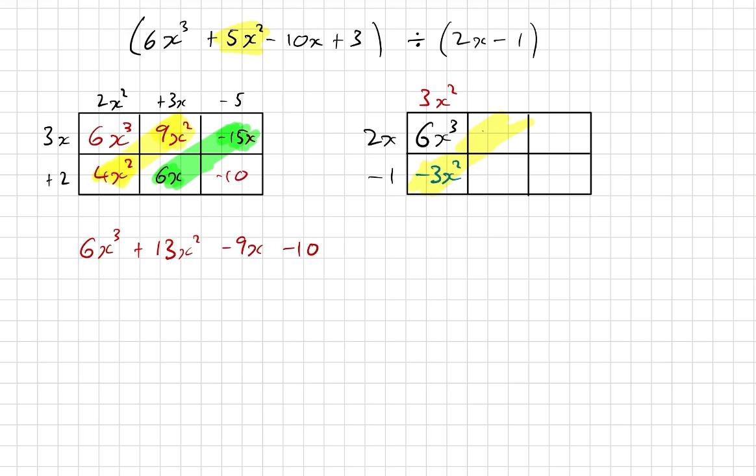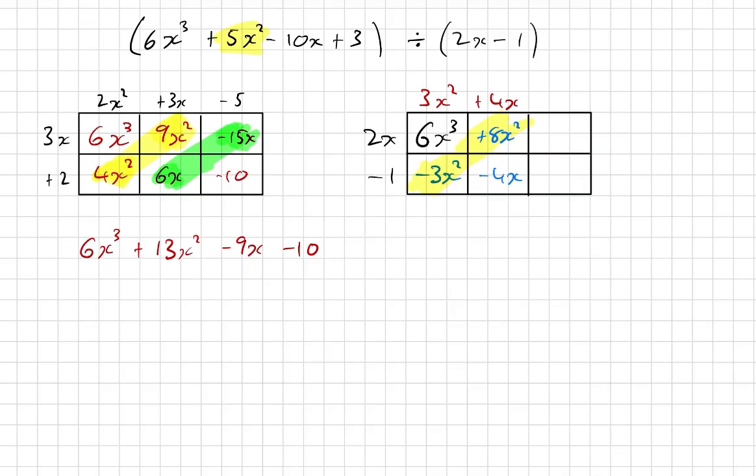The answer is positive 8x squared. Okay, so now I can go back to my dividing. 8x squared divided by 2x will give me the length, which is 4x, and that's positive. Now I can find the area of this box in the bottom. 4x times -1 gives me -4x.